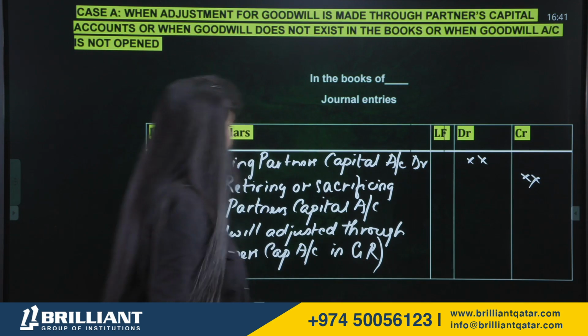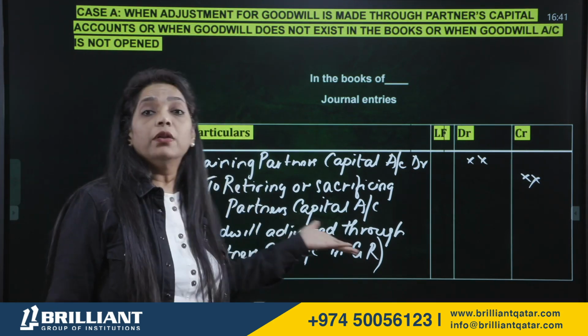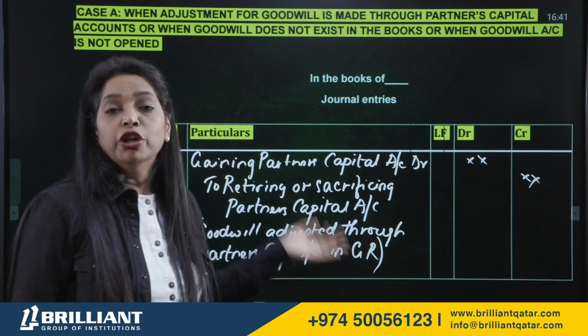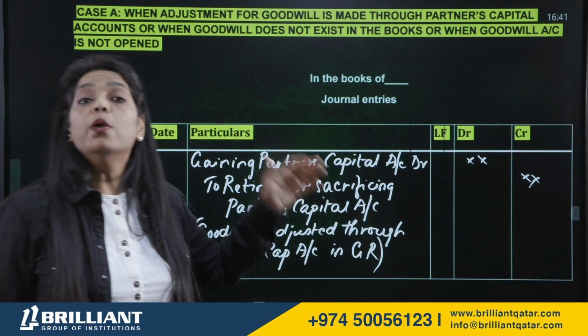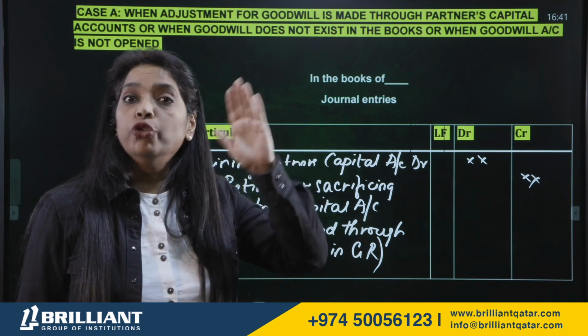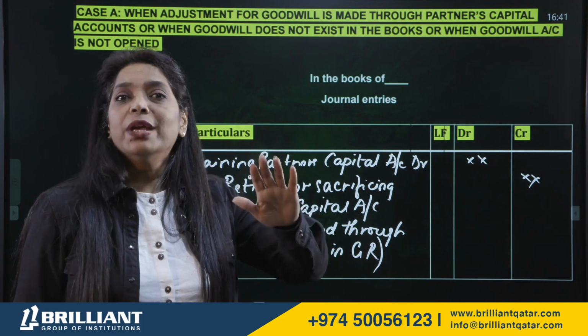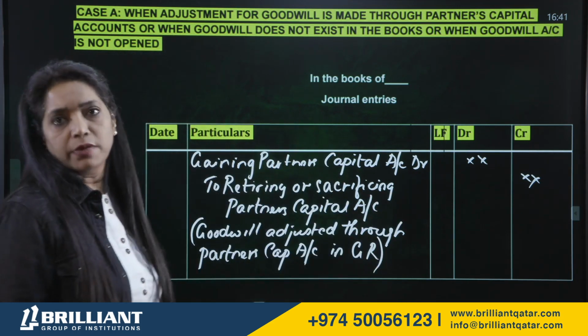Now the question arises, why is the gaining partner debited and why is the retiring or the sacrificing partner credited? Children, the gaining partner is debited because they are the one who is going to compensate, or they are the one who is going to provide for goodwill, or you can say they are the one who is going to give goodwill to the retiring or the sacrificing partner.